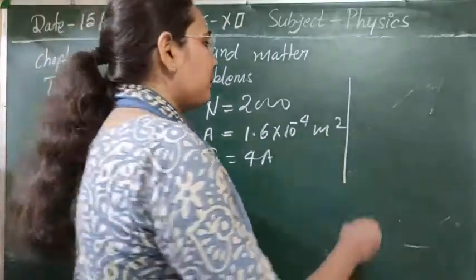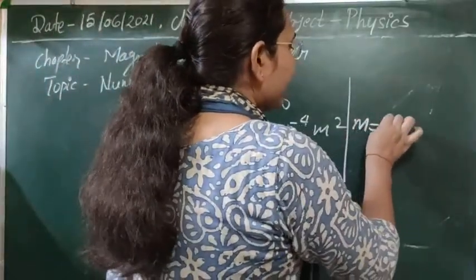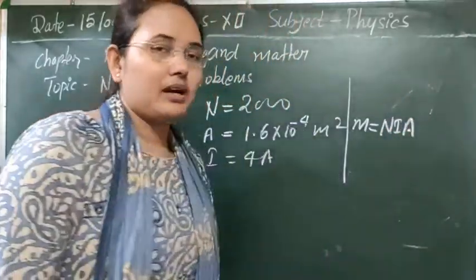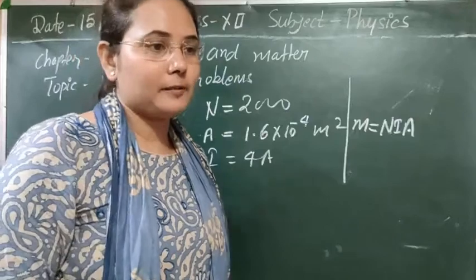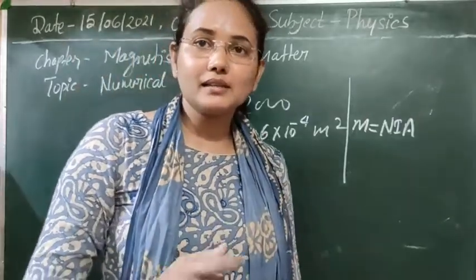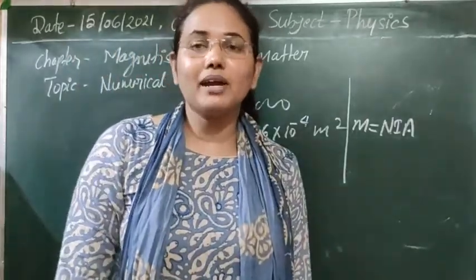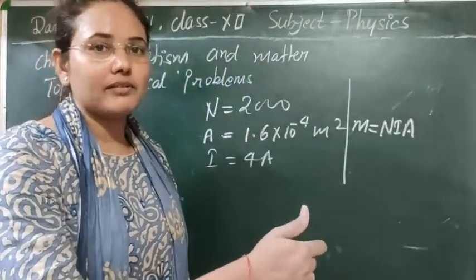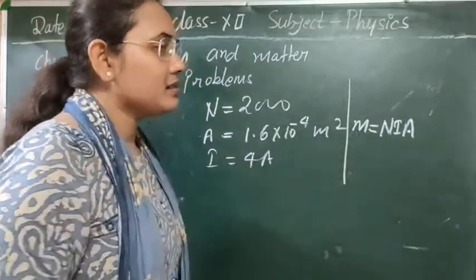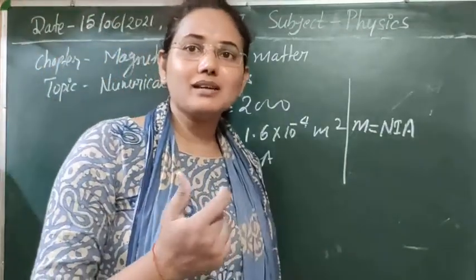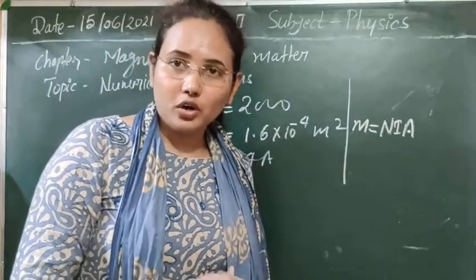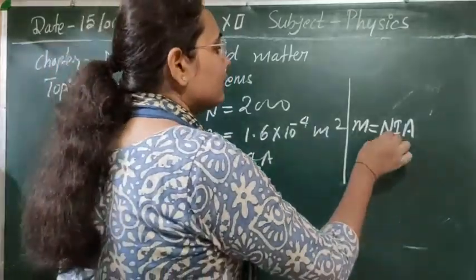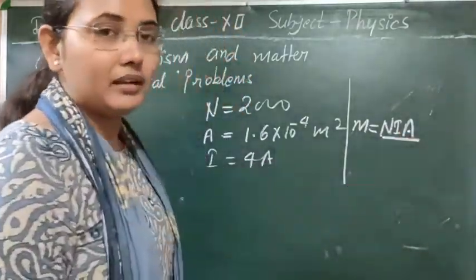As you know, magnetic moment is given for any bar magnet or any circular loop. The solenoid is equivalent to a bar magnet, that topic we have discussed also. So as bar magnet is already a magnetic dipole, the solenoid will also be a magnetic dipole, so it will have some magnetic moment. And for any current carrying device, magnetic moment is given by this formula.